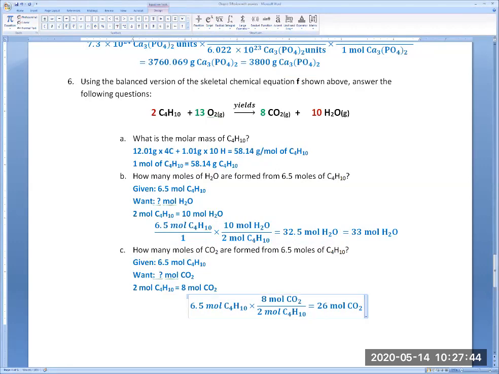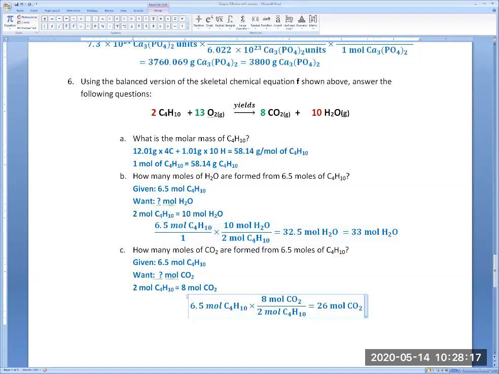Some people might be tempted to make the 8 and 2 like a 4 and a 1. I don't want you to do that, because then we are not sure where this is coming from. By keeping 8 moles of CO2 for 2 moles of C4H10, you really can see where this came from. It came from the coefficients of the chemical equation. So I want you to keep those numbers properly written and not simplify.